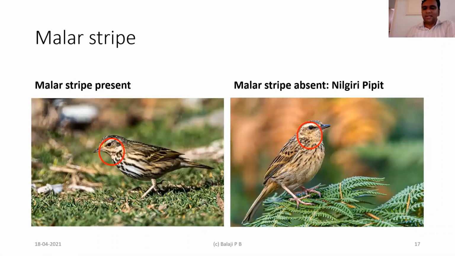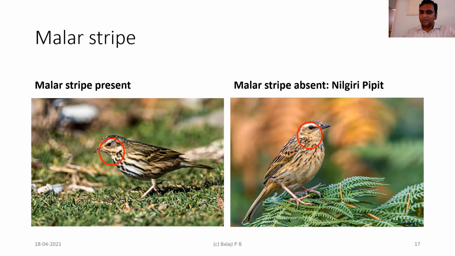So the other thing is the malar stripe. Malar stripe, as I said, is the stripe which extends from the beak to the throat. So all the pipits, whether it's hills or plains, they all have a malar stripe. Whether it's thin or thick, they have some sort of a malar stripe. The only pipit which does not have any malar stripe is the Nilgiri pipit. So if you see a pipit at 1,500 meters elevation with no malar stripe, then you can be very sure that it is a Nilgiri pipit.